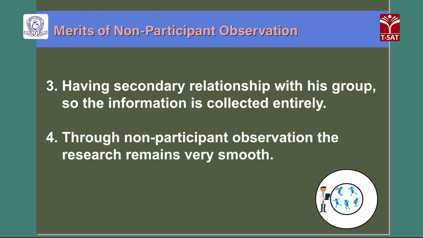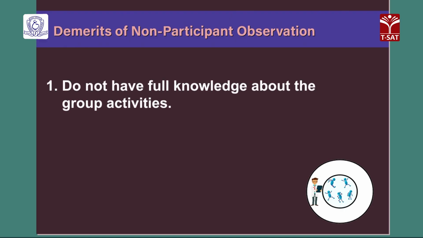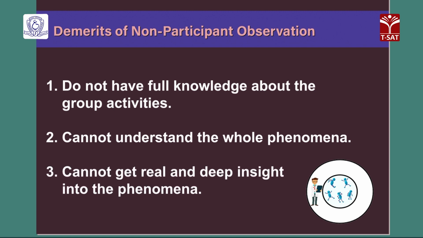Through non-participant observation, the research remains very smooth, but there are certain demerits for this method. They are that it does not give full knowledge about the group activities. They cannot understand the whole phenomena, and they cannot get real and deep insight into the phenomena.